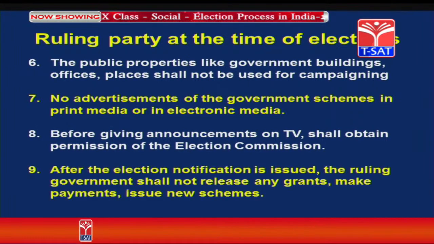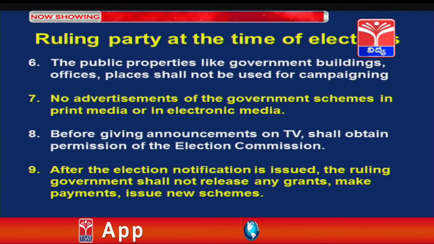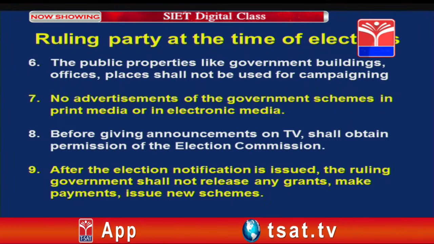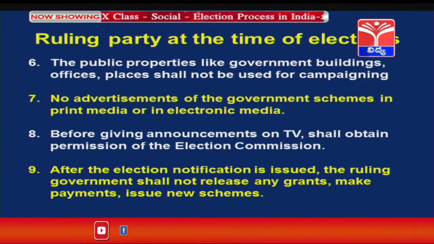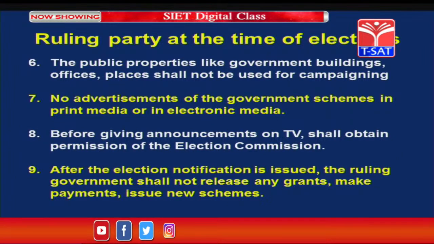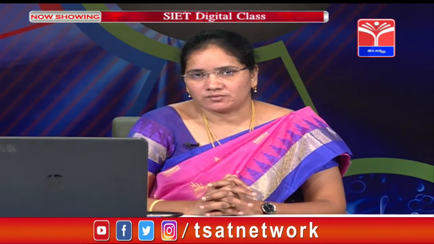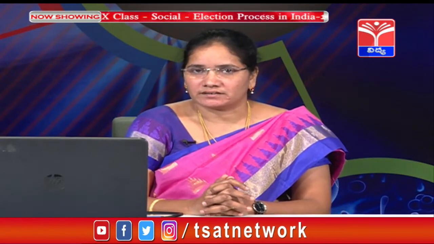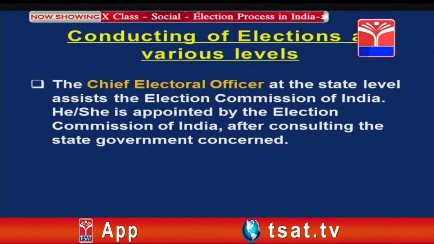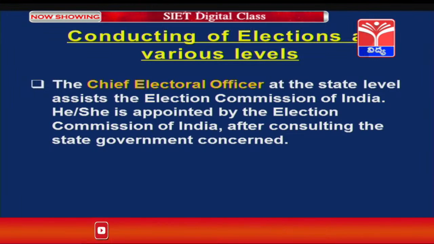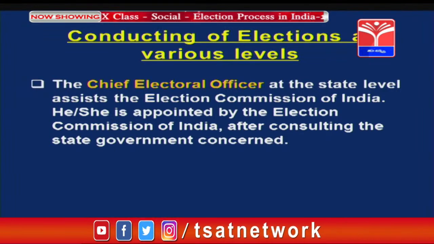And after the election notification is issued, the ruling government shall not release any grants, make payments or issue new schemes. Children, now let us see the various levels of conducting the elections. The Chief Electoral Officer at the state level is appointed by the Election Commission of India after consulting the state government concerned.